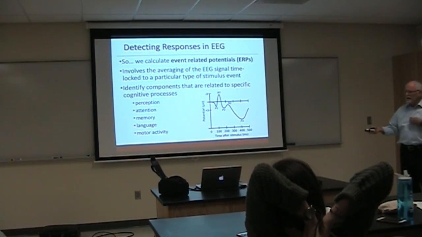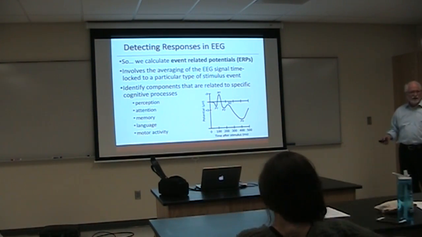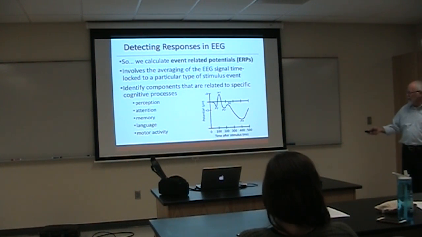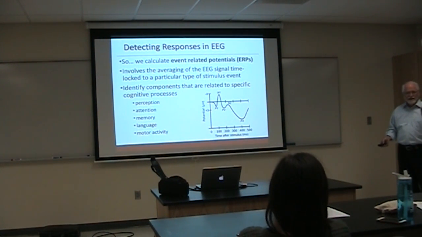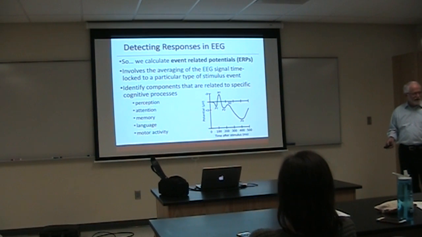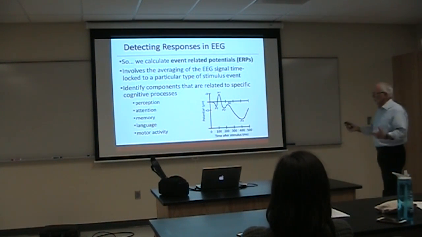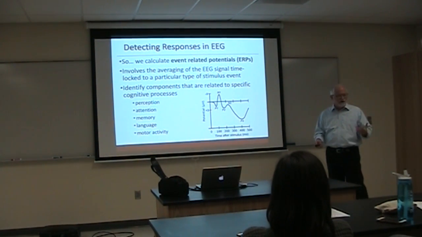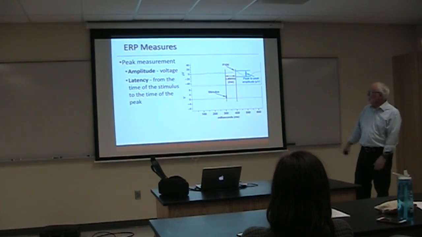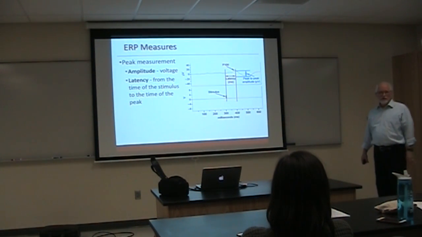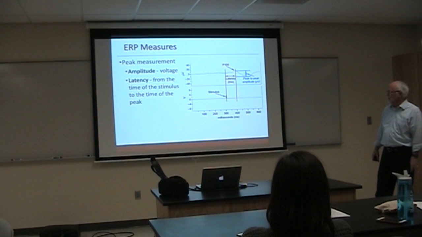In our experiment, it was a language cue, a word was presented, and the presentation of the word is considered 0 on this scale. And then we're looking at how your brain reacts in the moments after that target was displayed.